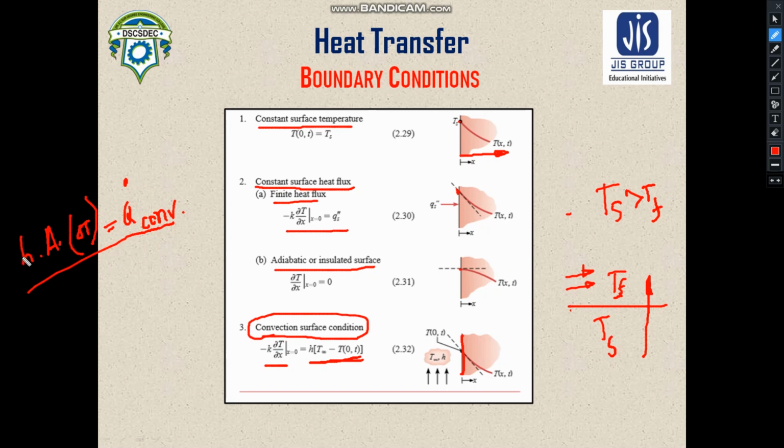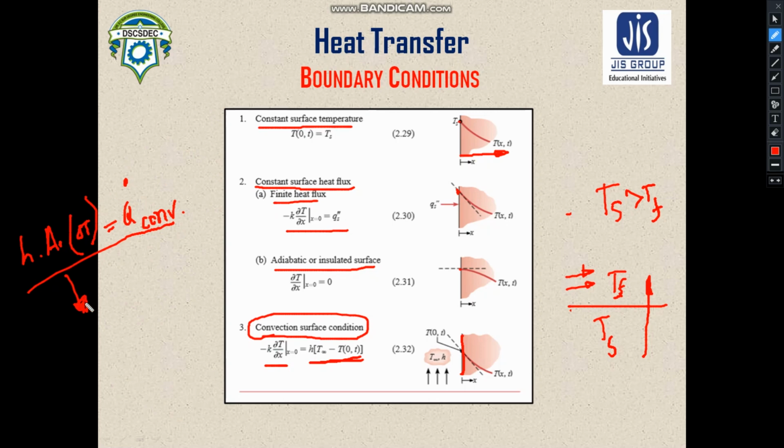It depends on numerous parameters. This is the area of heat transfer, and this is the temperature change between the solid surface and the fluid, which is moving with a certain velocity and a certain temperature. So by Newton's law of cooling, we can define the rate of heat transfer through convection by this formula. So this is the convection heat flux.